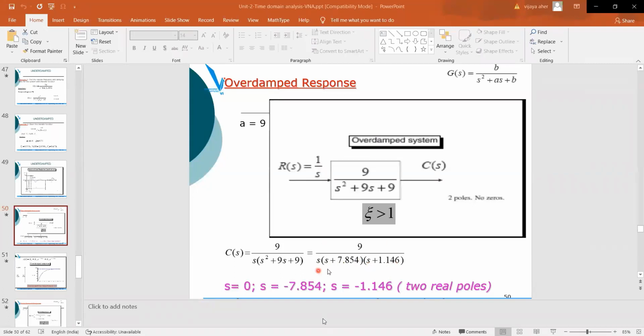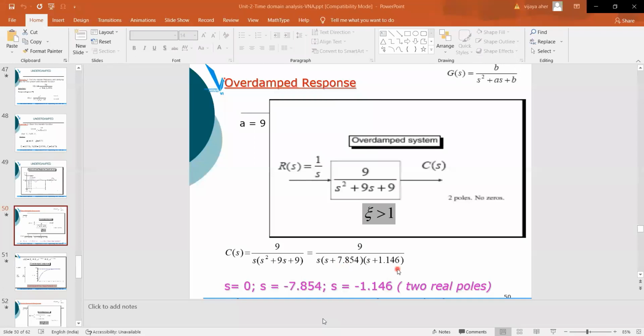So you equate each term to 0. So S is equal to 0. The second term, S plus 7.854, is equal to 0. The third term, S plus 1.146, is equal to 0. So you get S equal to minus 7.854 and S equal to minus 1.146.